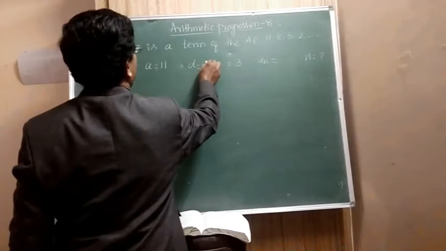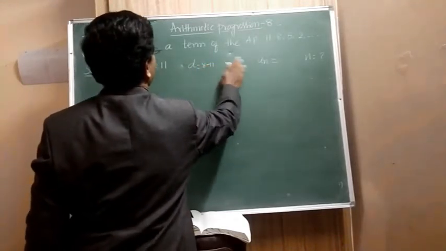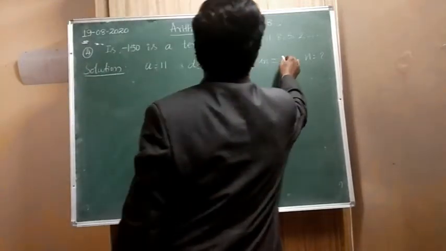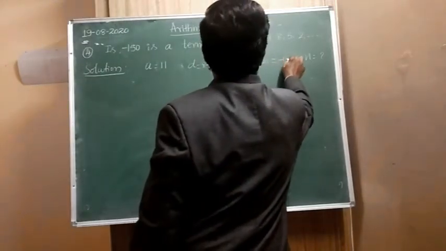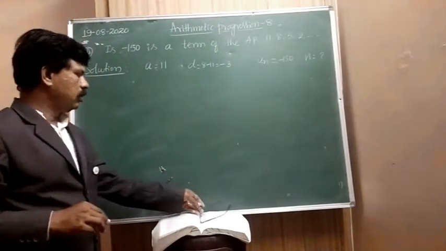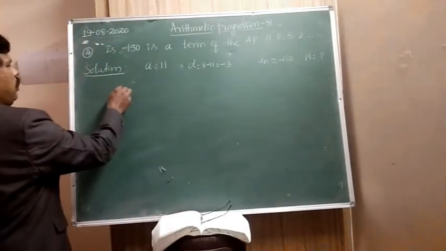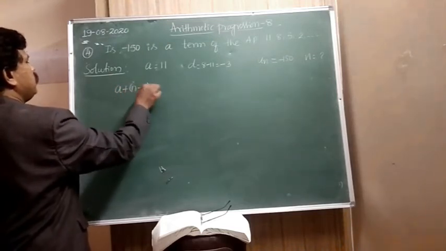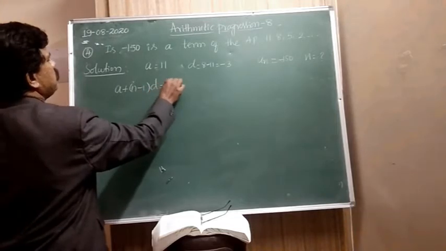D is 8 minus 11 equals minus 3. Look at that. AN is what? Minus 150. Clear? Now, formula: A plus N minus 1 into D equals AN.